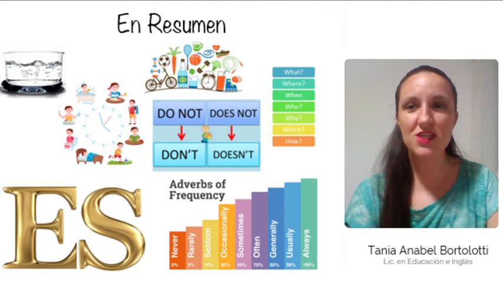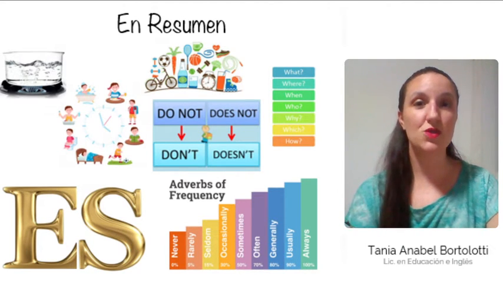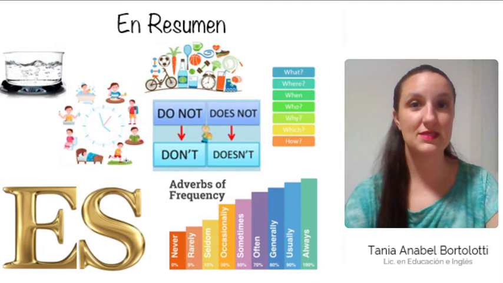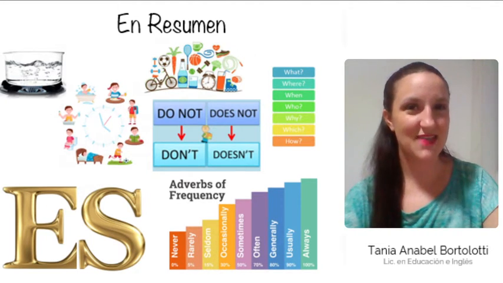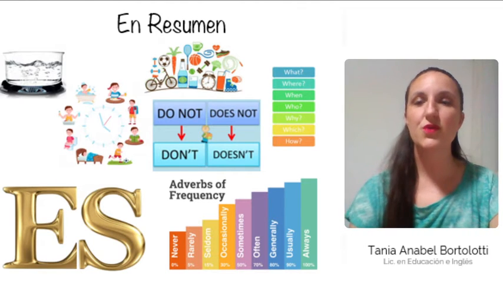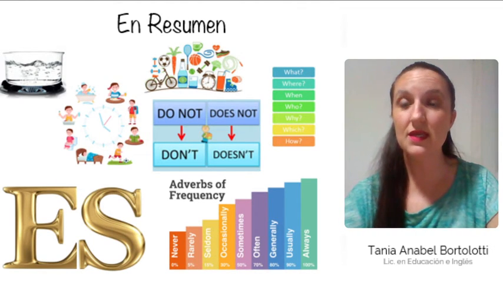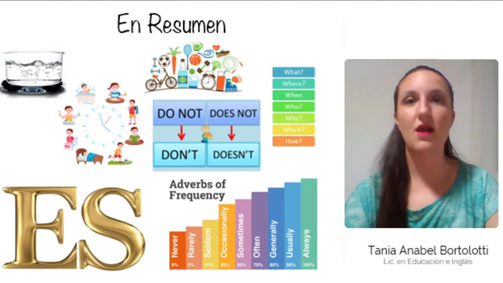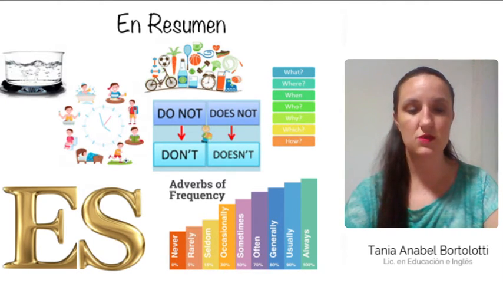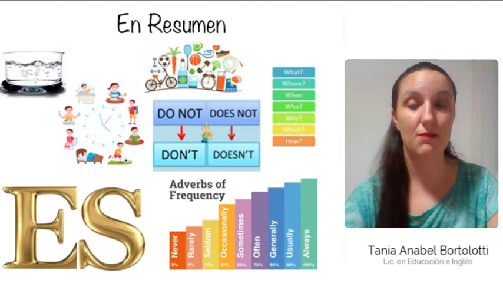To put it in a nutshell, what have we seen and what do we need to remember about the present simple tense? We use it for general truths, when we talk about routines and habits. We have the S or ES, which are our golden rules. We never need to forget about them.